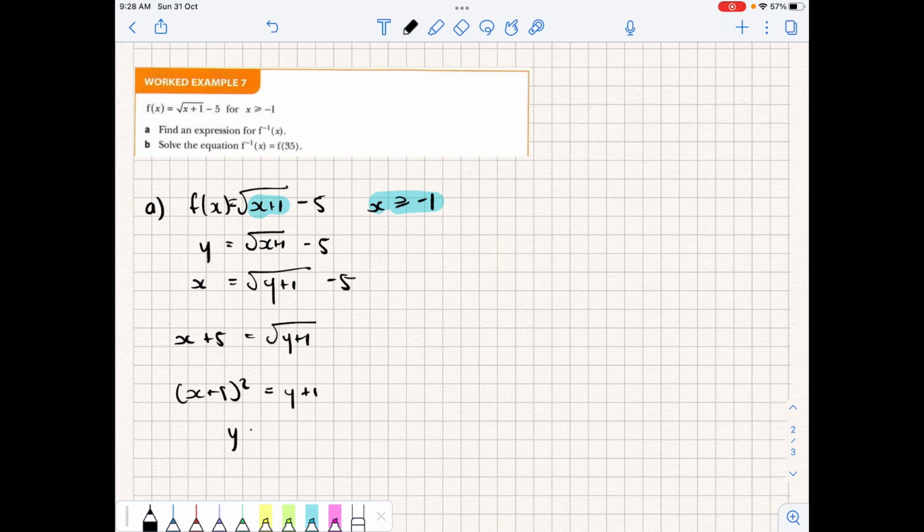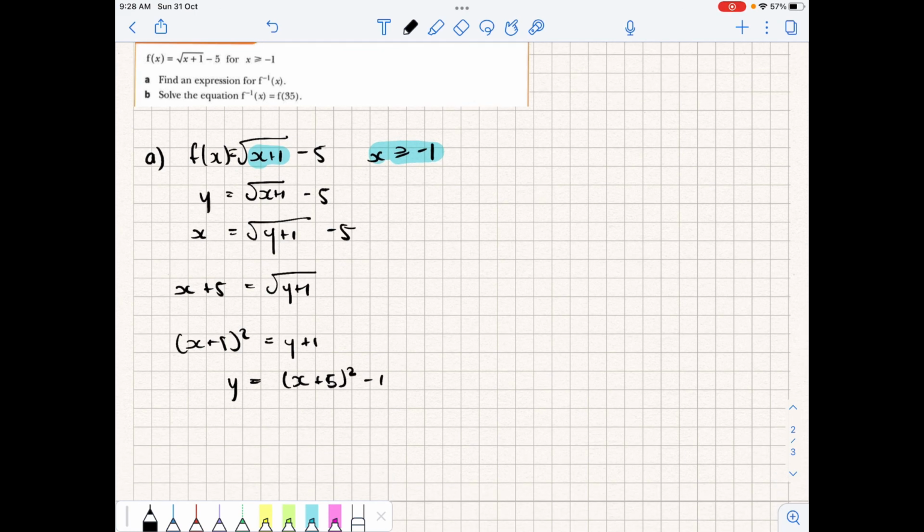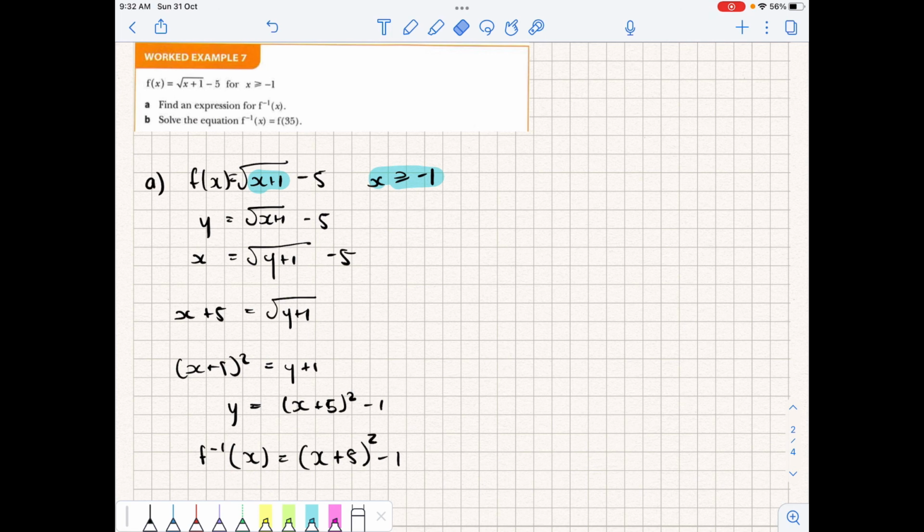So we'll get y equal to x plus 5 squared, minus 1. And we don't want y, we want the inverse. So we'll say the inverse function is x plus 5 squared, minus 1. There's our inverse function.